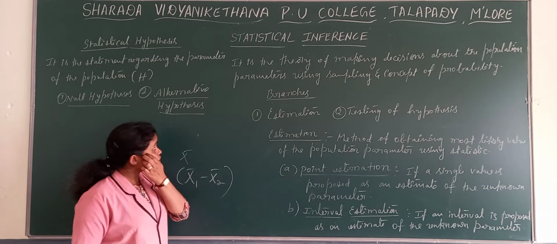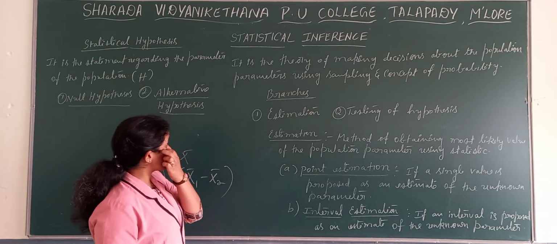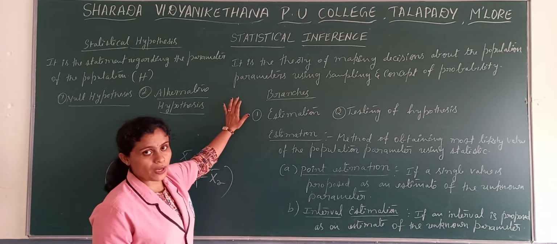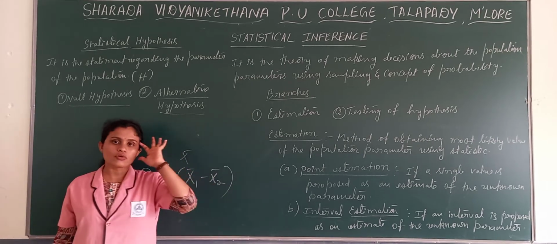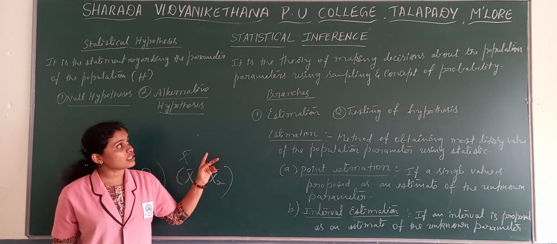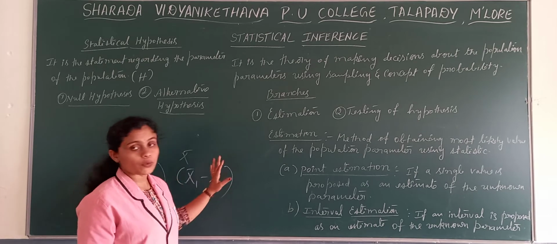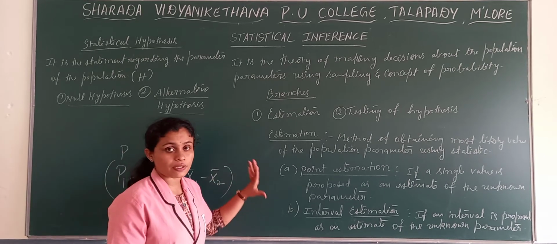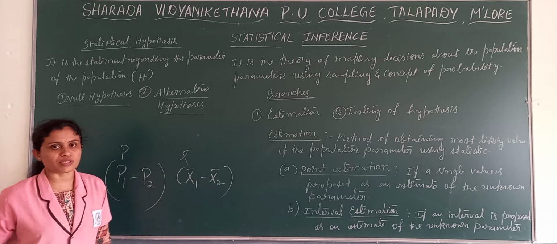Now here, we will see what is meant by statistical inference. It is the theory of making decisions about the population parameters, using the concept of probability and sampling. What are those population parameters?